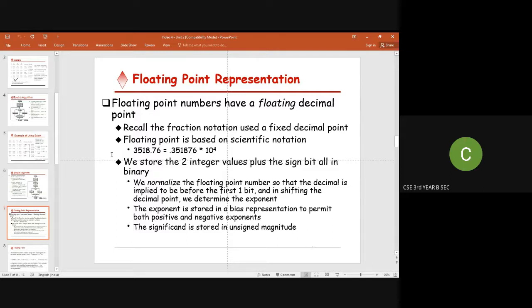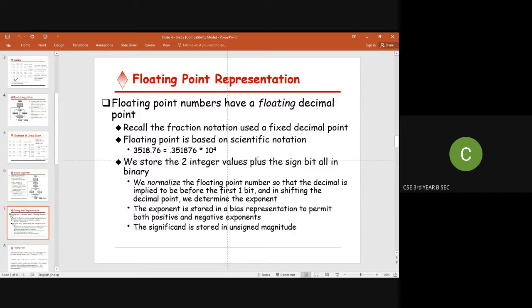Now we are going to see decimal numbers. Recall that the fraction notation used a fixed decimal point, at the end of the digits, in fixed point representation.